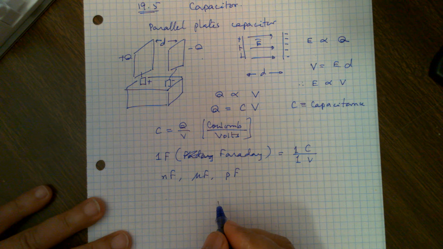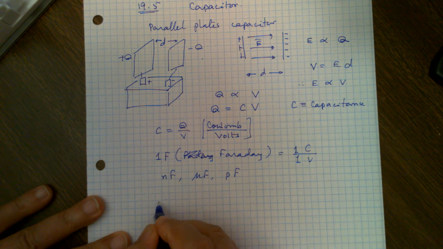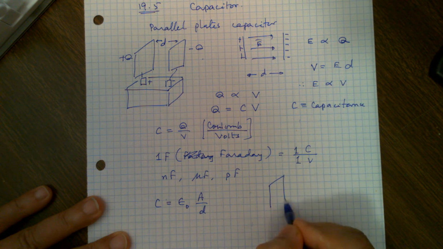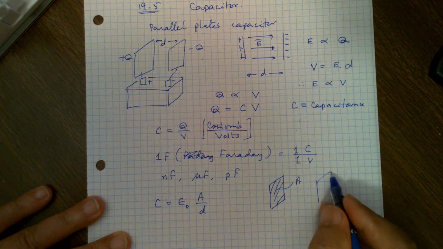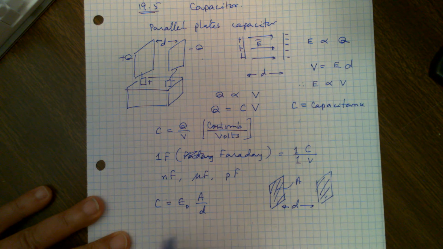Now, there is another way to write the capacitance of a parallel plate capacitor, and that is C is equal to epsilon naught A by d, where A is the area of the plate and d is the distance between these two plates. And the constant epsilon naught is called the permittivity of free space.